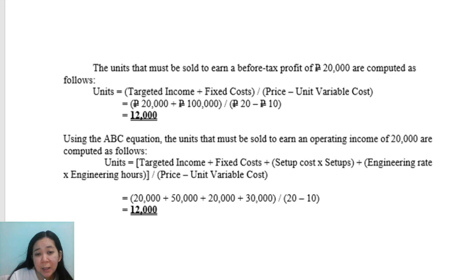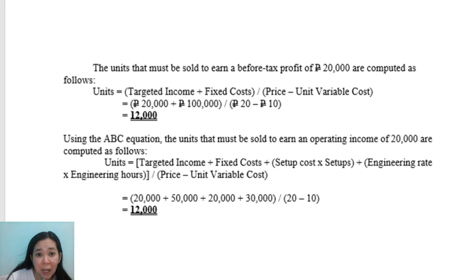Okay, so the units that must be sold to earn a before-tax profit of 20,000 is as follows. Our formula is targeted income plus fixed cost divided by your contribution margin. So that's 12,000. That is for the conventional CVP analysis.